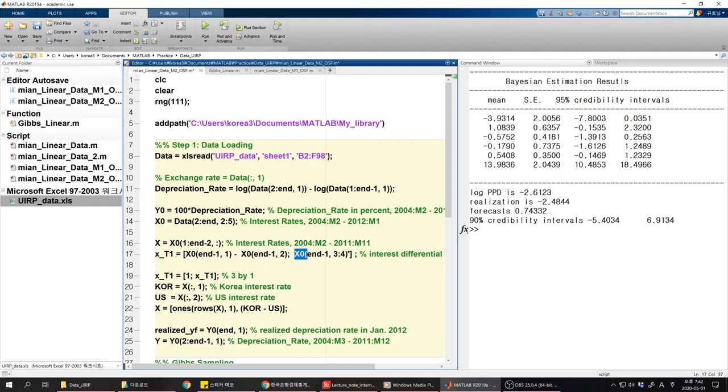This should be 2 by 1. Without this transpose, this is 1 by 2. That's why I have transpose. So then 1 by 1, 2 by 1. So this is now 3 by 1, and now this is 4 by 1. Of course, this is 4 by 1 now, right?